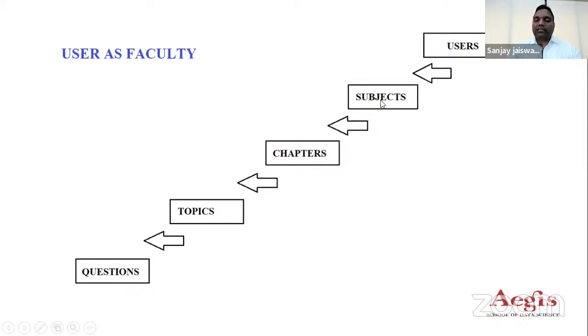Then after creating the subject, he will be able to create the chapters, and in these chapters he is going to create the topics, and then he is going to add the questions under each topic. So these are the sequence of tasks that a user as a faculty can do, all the operations assigned to the faculty.